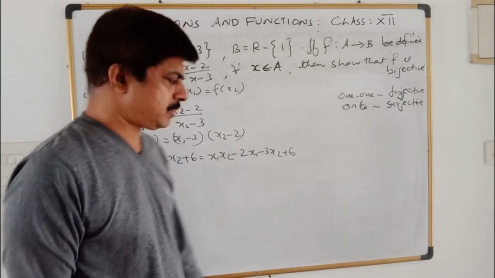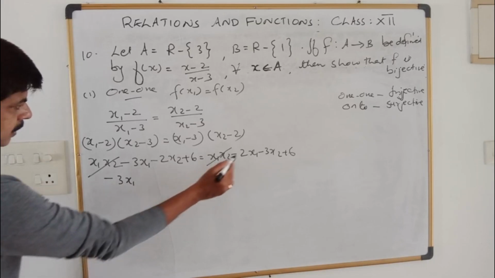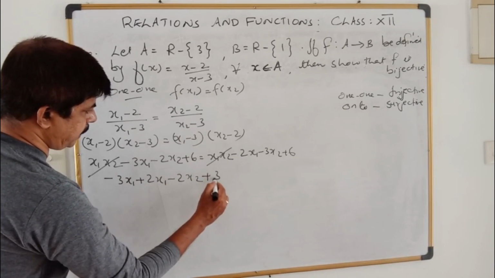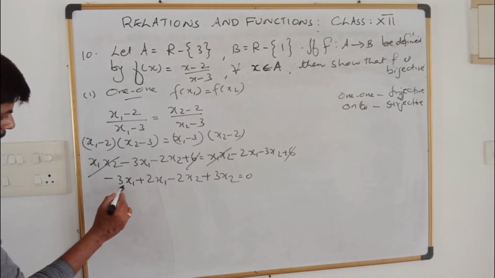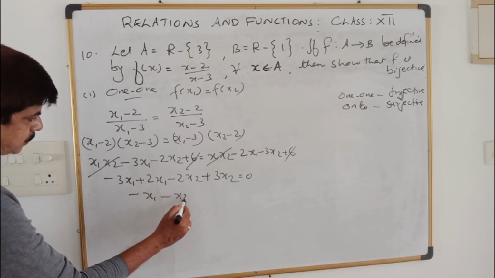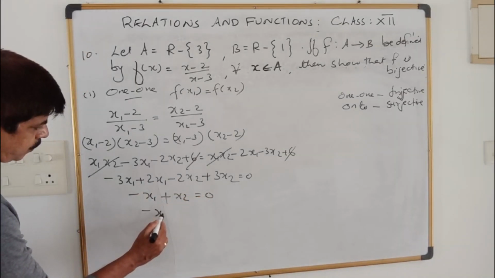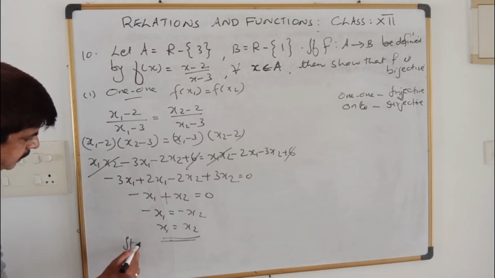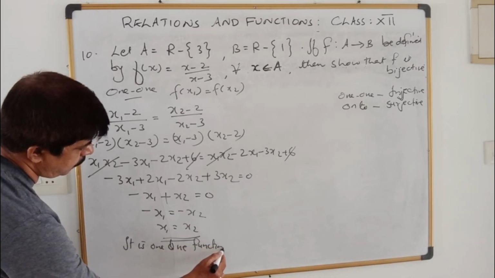While simplifying, the like terms cancel: x1 x2 cancels, and 6 also cancels. Collecting like terms, minus 3x1 plus 2x1 gives minus x1, and minus 2x2 plus 3x2 gives plus x2. So minus x1 plus x2 is equal to 0, which means x1 equal to x2. So it is a one-one function.